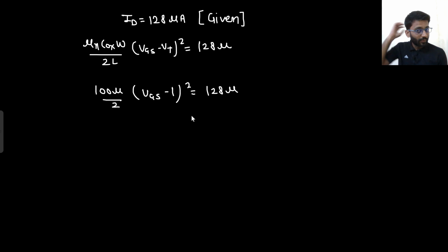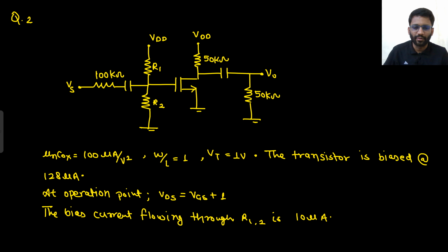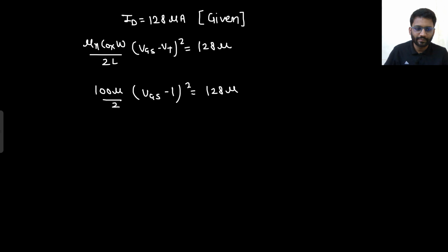Mu n Cox W by L is 100 micro only, no? So what will happen? 2.56 it would be. So VGS minus 1 would be this, and this will get cancelled. This is 256, 256 by 100 would be 2.56.